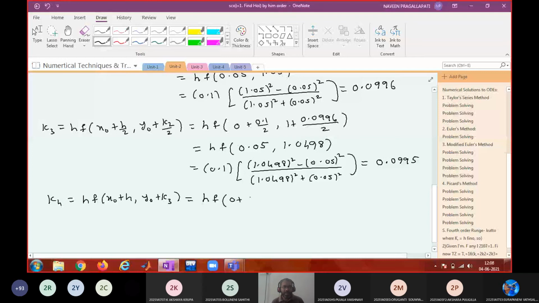X naught is 0 plus h is 0.1. Y naught is 1 plus K3 is 0.0995. So this is h into f of 0.1, 1.0995.